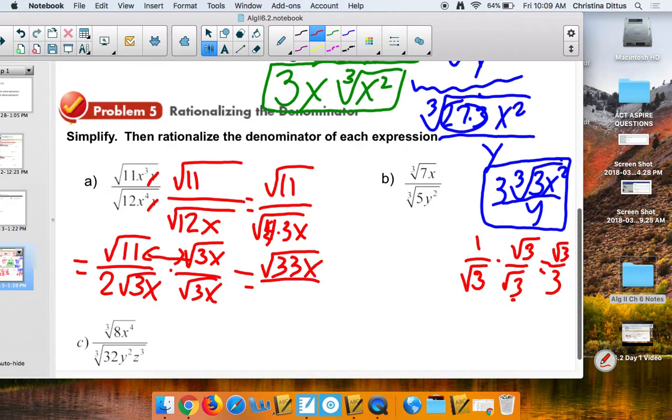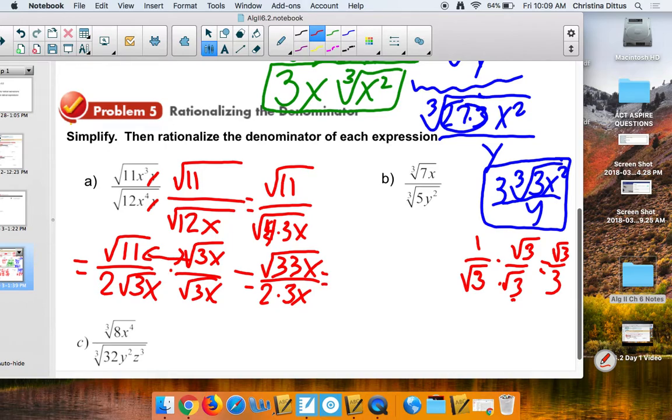Okay, here's tricky stuff. Square root of 3 times square root of 3 became 3. So what's the square root of 3x times the square root of 3x? 3x. Pretty much all you're doing is getting rid of your square root sign. Can I do anything with square root of 33x? No perfect squares, right? 11 and 3, nada.